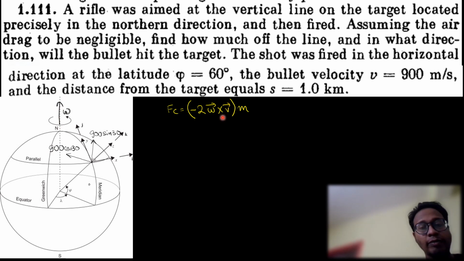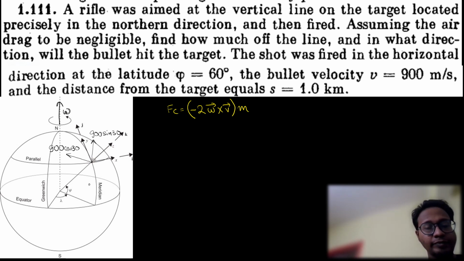So the angle between both vectors is 90°, and sine 90 is nothing but 1. And what is the direction of the Coriolis force? Use your right hand three finger rule. This is the first vector, this is the second vector, and the resultant vector would be in this direction, and the opposite of this direction is nothing but towards the x-axis.